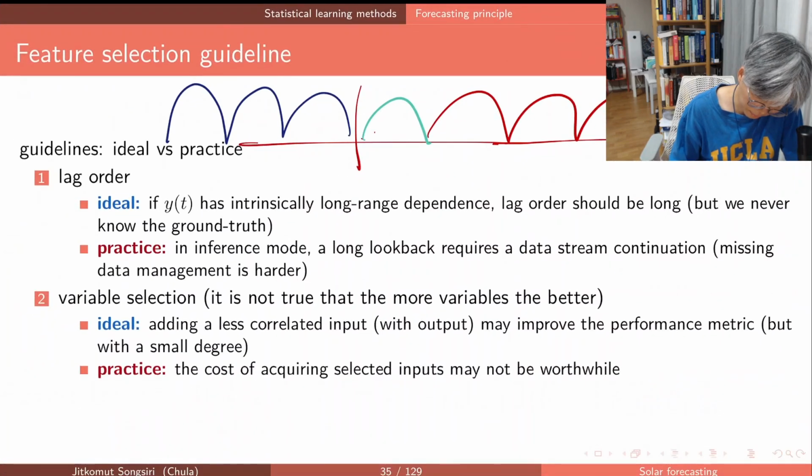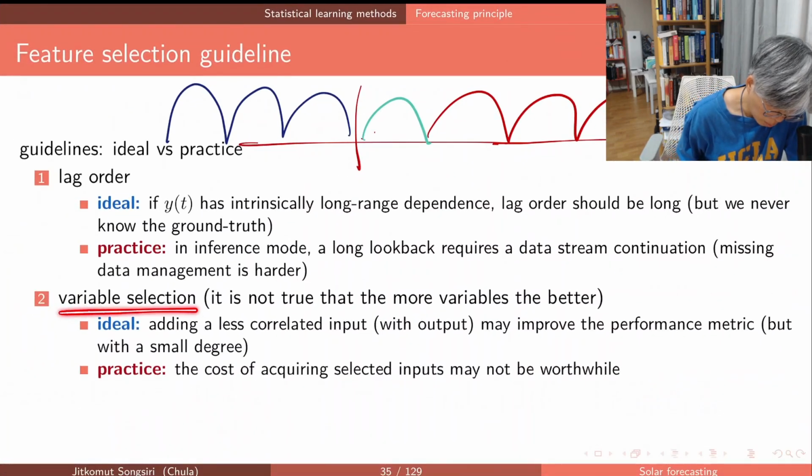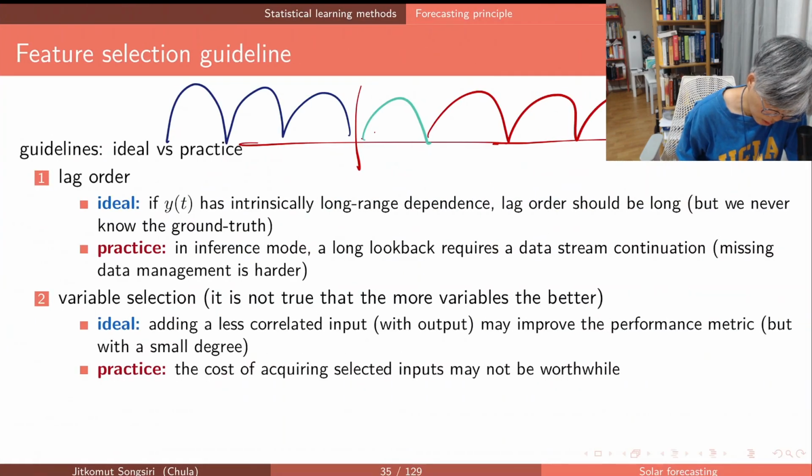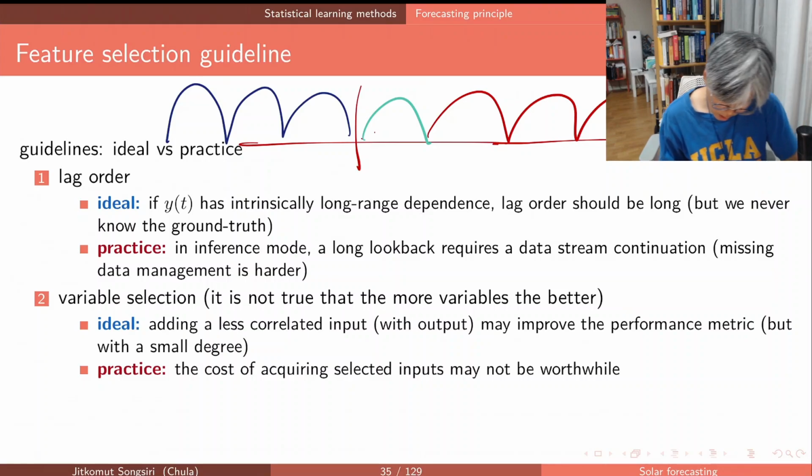It's your option. The variable selection, so the list of the regressors that you're going to choose in the model. Ideally, you want to avoid adding weakly correlated input.